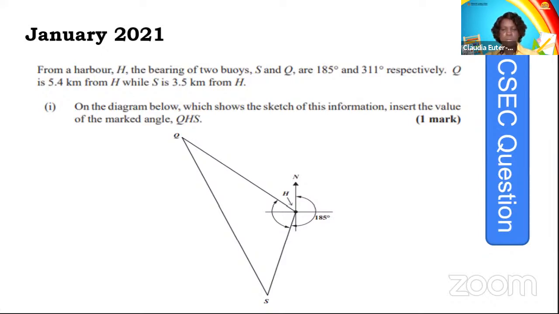You're coming from H. So maybe you made your first stop at S and then you went on to travel somewhere else. Or you could have done a journey from H straight to Q. Think about it like that. Shane, tell us how you got your response. Shane is saying 126 degrees.